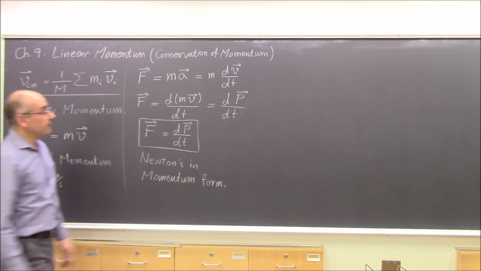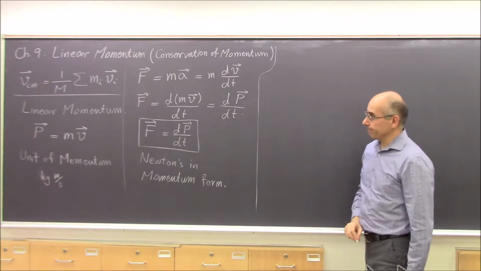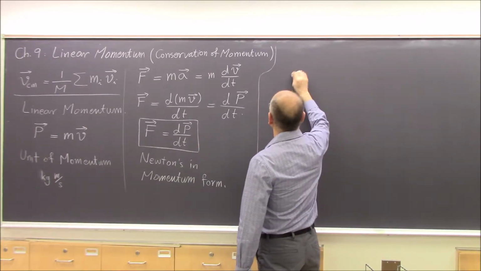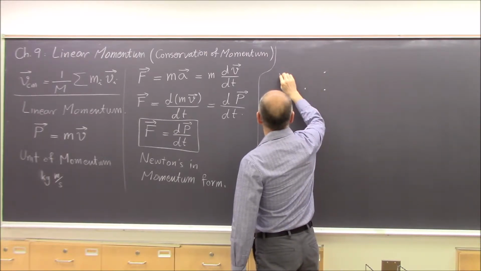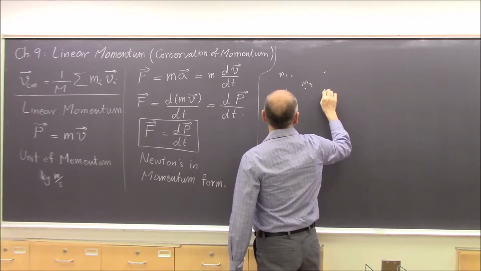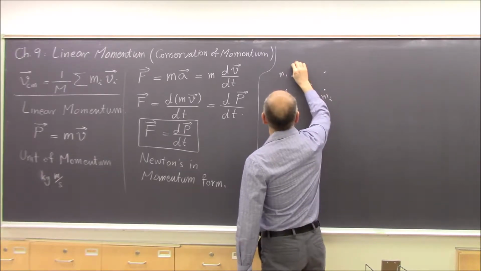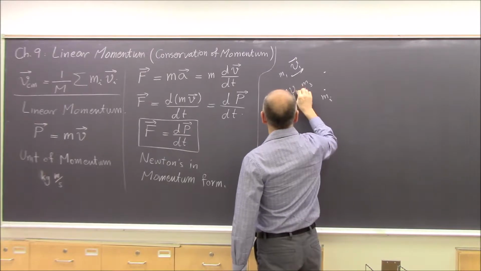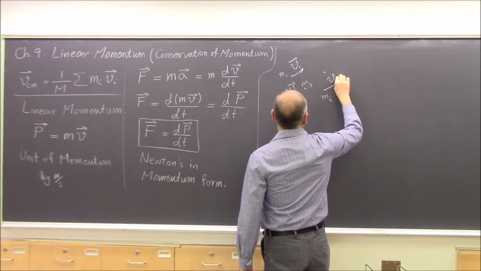So now, if you have a system of particles, what happens? Each one is moving, let's say these are different particles of the system, M1, M2, M3, and in general Mi, each one moving at one velocity, V1, V2, V3, and so Vi.